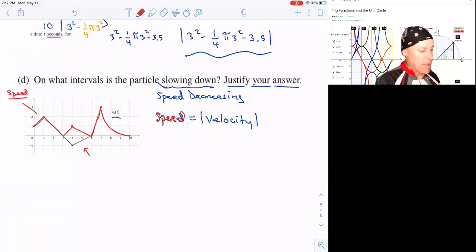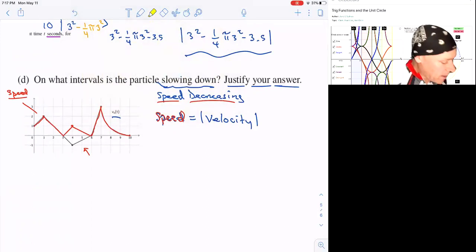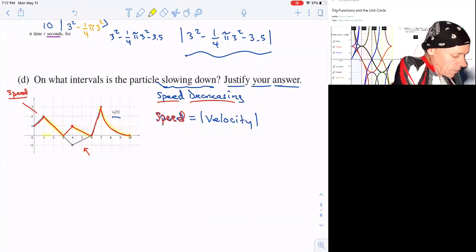Okay, well now it's really easy to see, gosh, where is the particle slowing down or where is the speed decreasing? Well, the speed is decreasing. If I'm looking at the speed graph, it's not hard to do. On this interval, going down, going down, going down. So those intervals would be from 1 to 3, 4 to 6, 7 to 10.